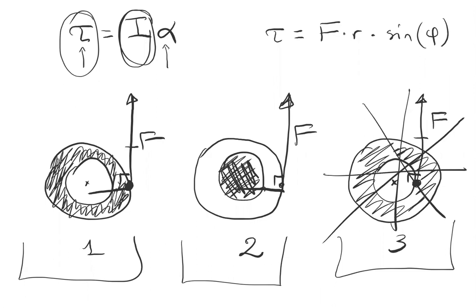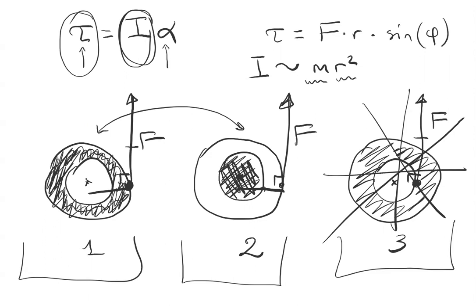Just to remind you, the moment of inertia usually goes like mass times r squared. So if you are heavier, you have higher moment of inertia. And if your mass is further away from the axis of rotation, you have higher moment of inertia. These two disks have the same mass, but disk number 1 has its mass on average further away from the axis of rotation than disk number 2.